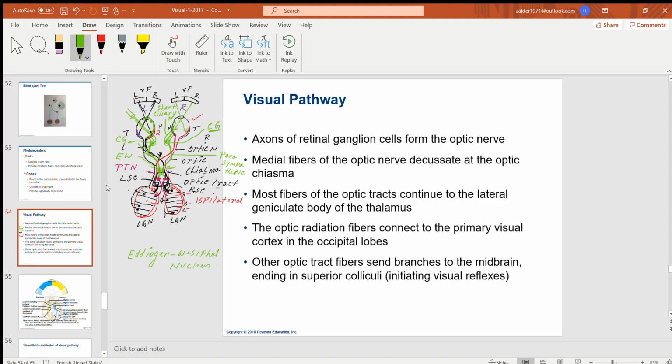Make sense? So that will cause the constriction of the pupil as well as the constriction of the ciliary muscle.